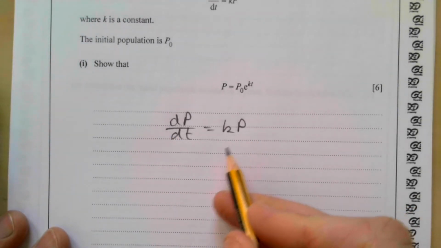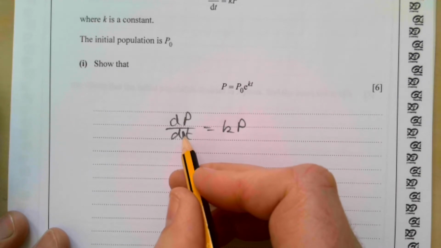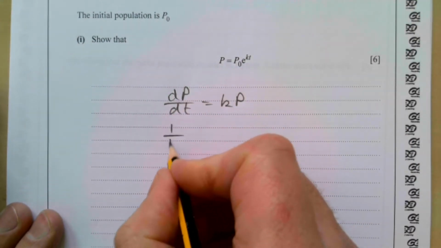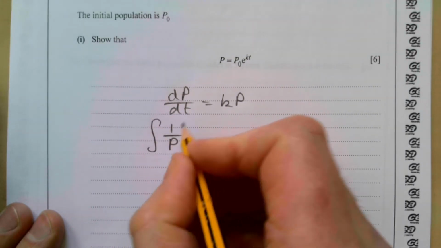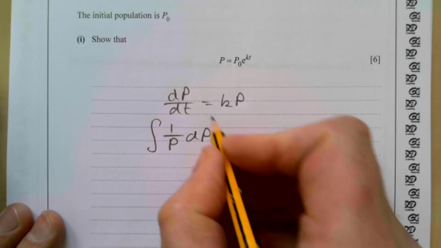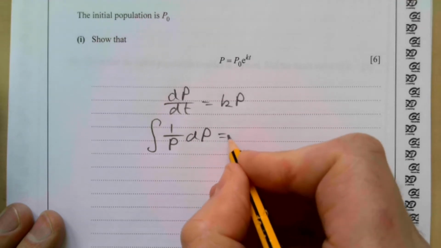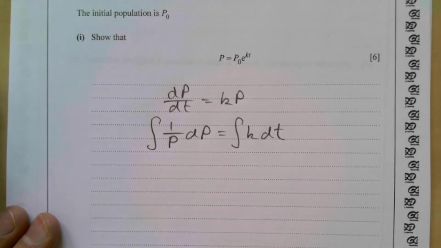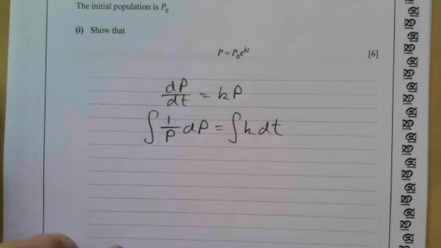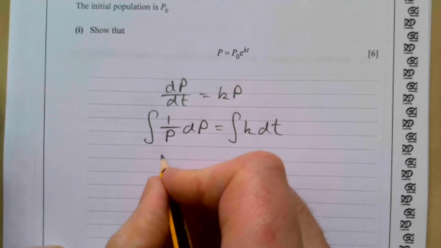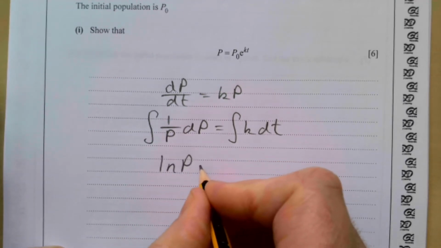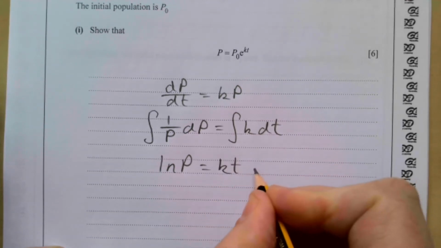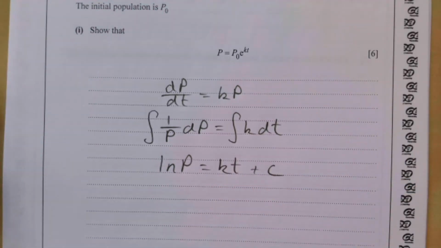Separating out our variables here, dividing by P, we will have 1 over P dP, multiplying through by dt, equals the integral of k dt. Hopefully you're okay with that move. So integrating both sides, 1 over P goes to ln P, and this with respect to t is going to go to kt plus c.